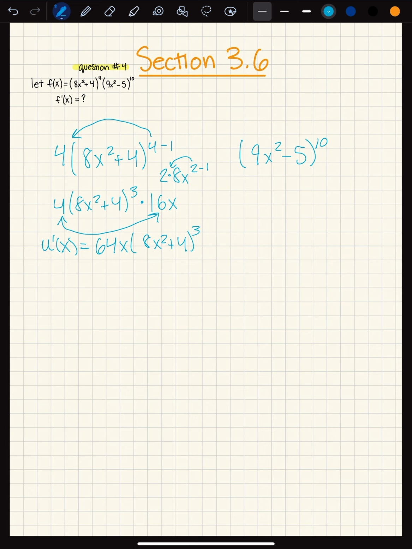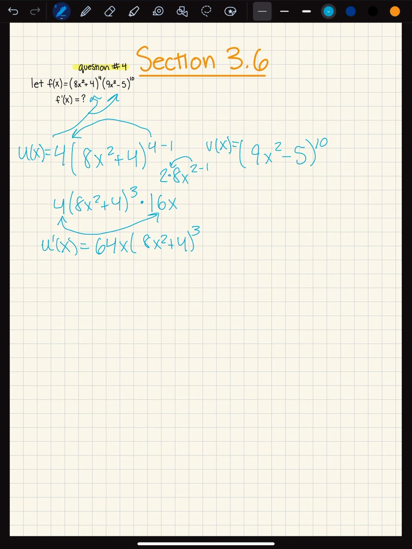And then this is just our u of x, and this is our v of x. The u of x is just how it is here, and the v of x is how it is here, without the power rule, just how it is.